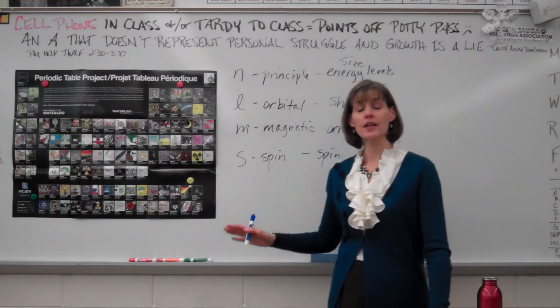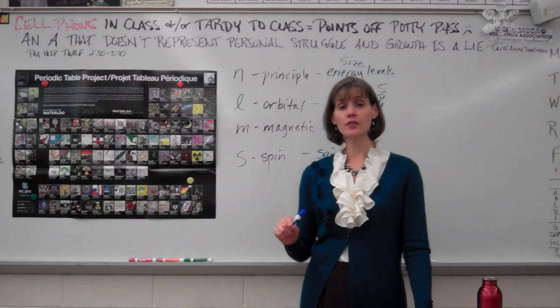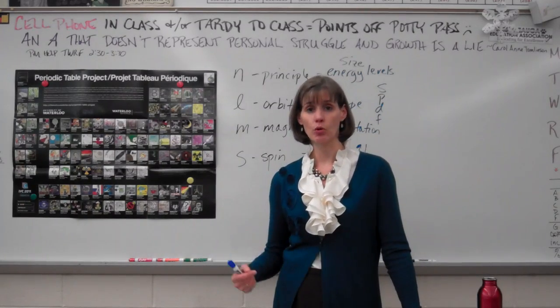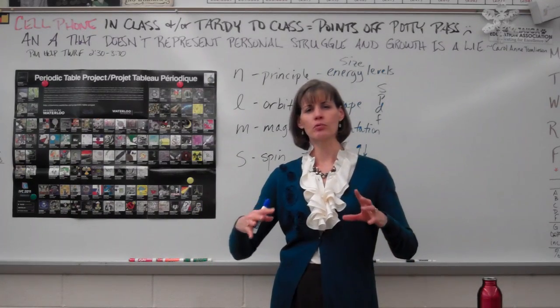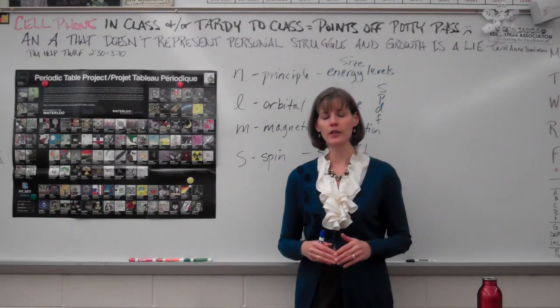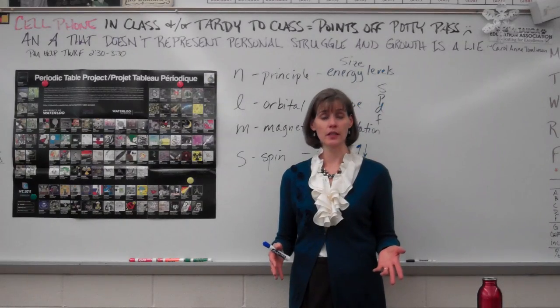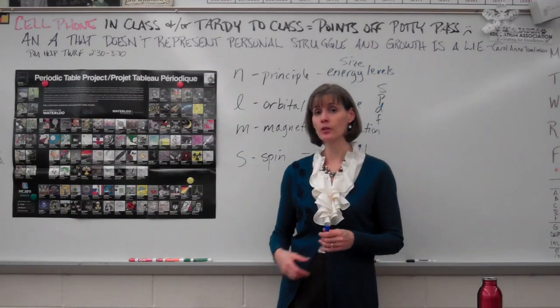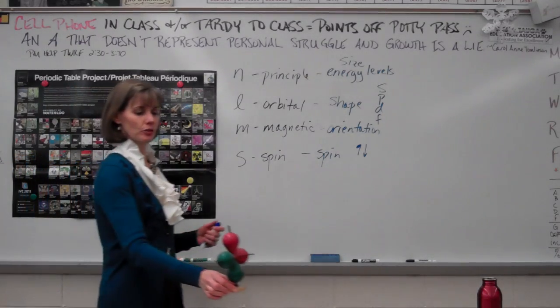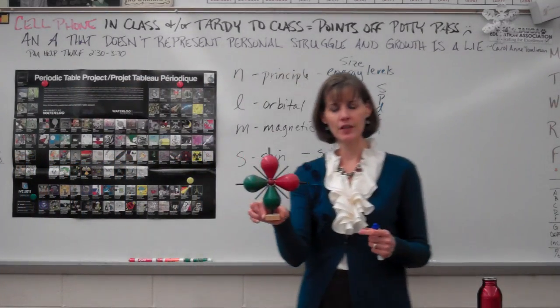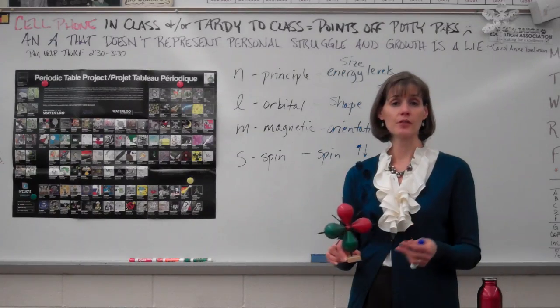This is a set of numbers that indicates the properties of the atomic orbitals. Not just the atom, but those probable areas within the electron cloud where the electrons tend to hang out. That's the definition of an orbital, and you may remember seeing these models in the classroom and in some of the other videos.